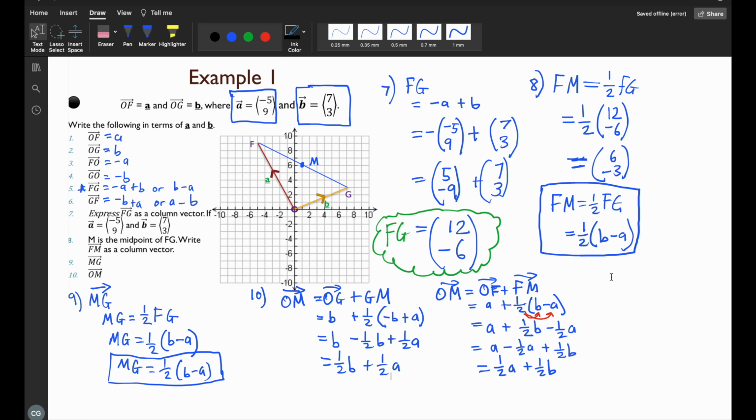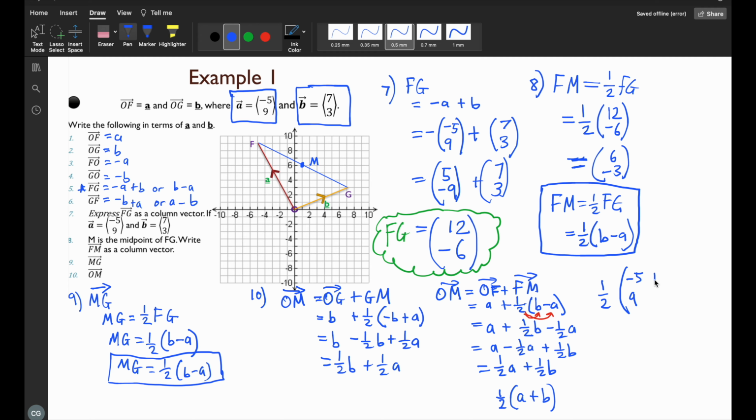Alright, so just to show you, if we had to express this as a column vector, I'll take this half and just factorize it out. So I'll say half outside A plus B. This is the same thing as saying this, because this here is half, this here is half. So you can just factor it out and have A plus B. Now, if I substitute what A plus B is, I'll have negative 5, which represents the A, as well as a 9.